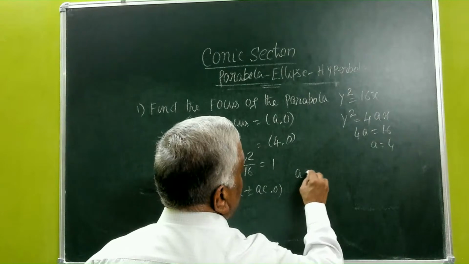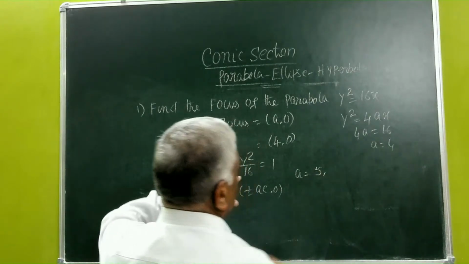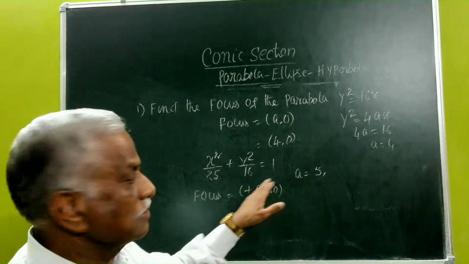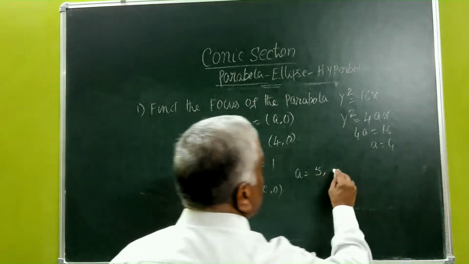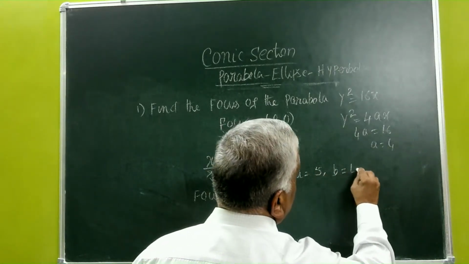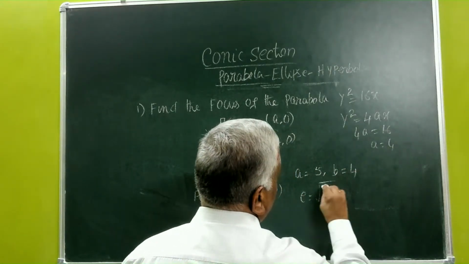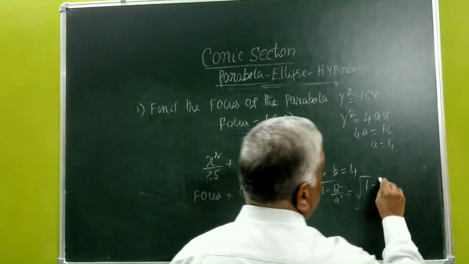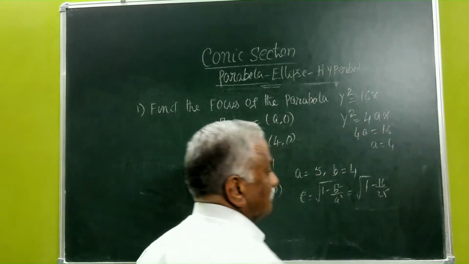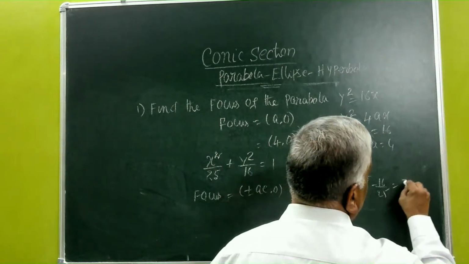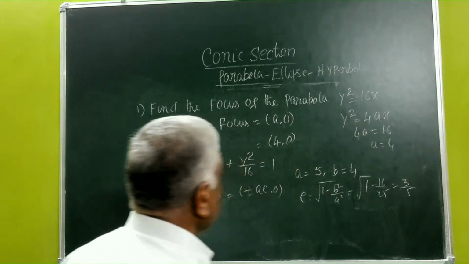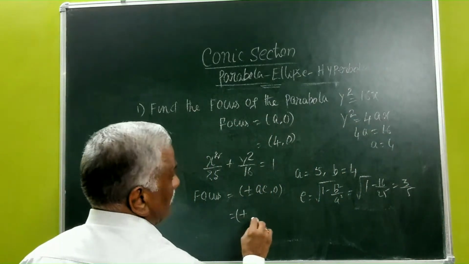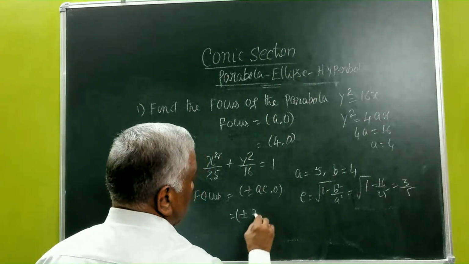You can read very clearly a is 5. b is 4. We need b for finding e. e is root of 1 minus b square by a square, 1 minus 16 by 25, that is 3 by 5. So what is ae? Plus or minus ae is plus or minus 3 comma 0.